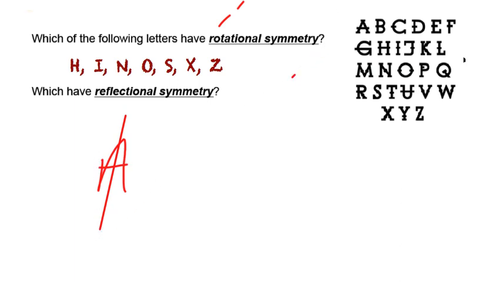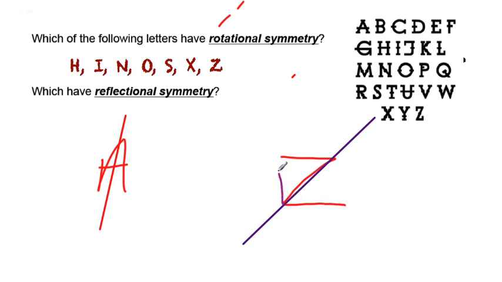Let me tell you one that people always screw up: Z and S. Here's Z. I'm drawing it the best I can here. They always think, well, if I put a line like this, it will reflect onto itself. That's not true. If I reflected this image, it would kind of look like this.